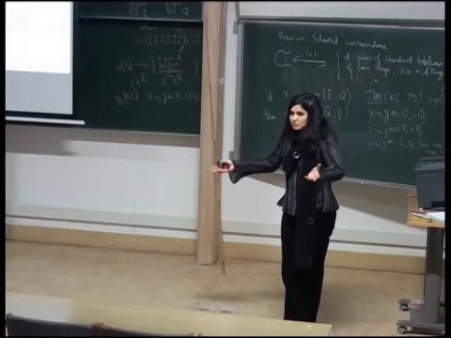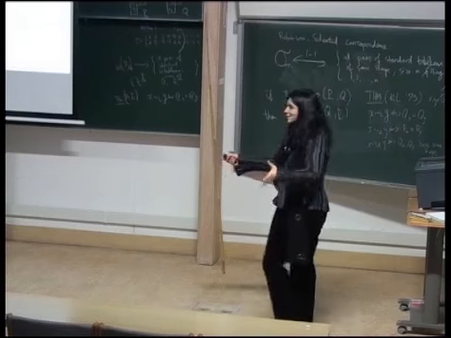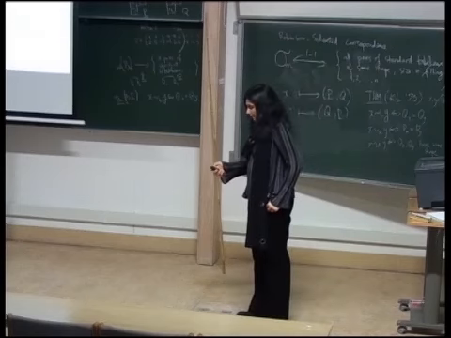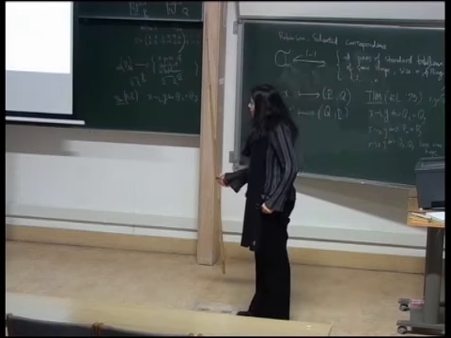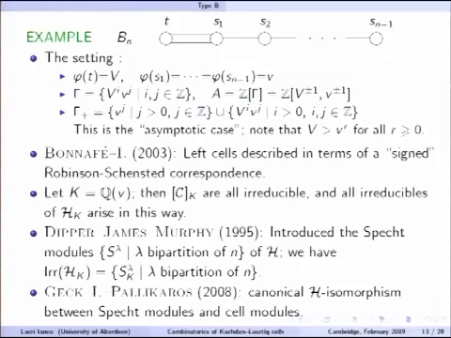There's no Kazhdan-Lusztig theory there, nothing. It's just the amorphous, if you like, Hecke algebra, and they produced these Specht modules. So it turns out that there is this nice canonical isomorphism between these Specht modules and exactly those cell modules obtained by the asymptotic choice.